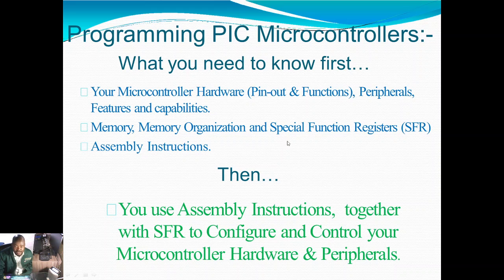Check which special function registers are required to achieve that. And obviously, you have to use assembly instructions with those special function registers to control your hardware so that it achieves what is required of you. So we're going to apply this principle in almost any assembly language programming for the PIC microcontrollers, whether you are aware or not, but this is basically what it means.